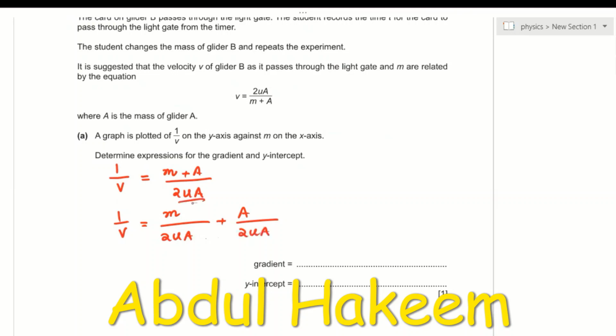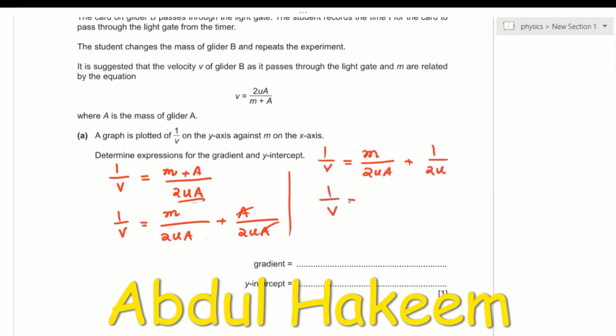So this 2ua is divided separately on both m and a. Now this a is cancelled.